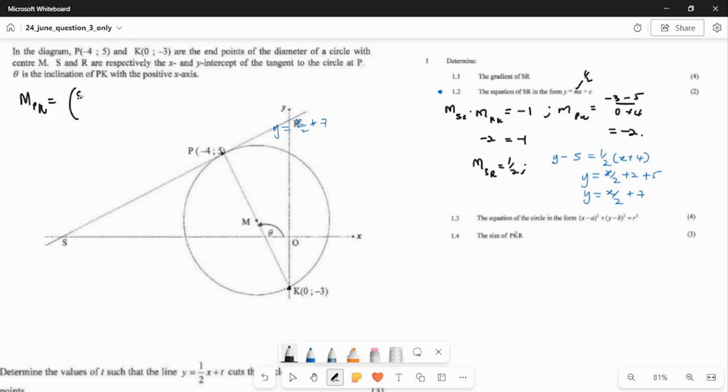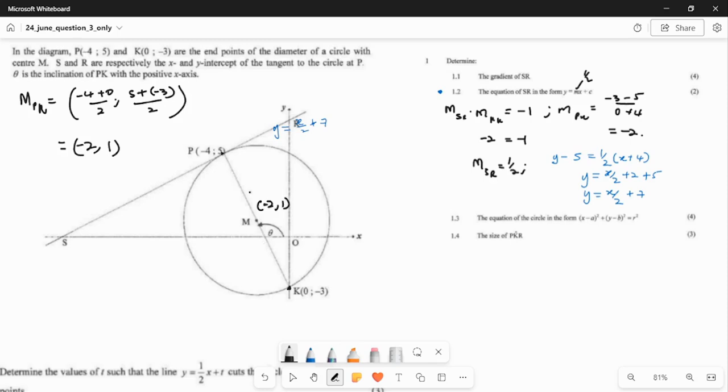So let me start with my x's. -4 plus 0 all divided by 2, and then for my y we'll say 5 plus -3, all of that divided by 2. So this will be -4 divided by 2, that's -2. That's 2 divided by 2. So this is our center. At M we have -2 and 1.